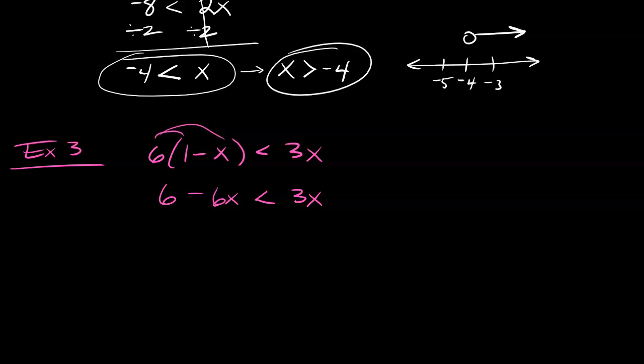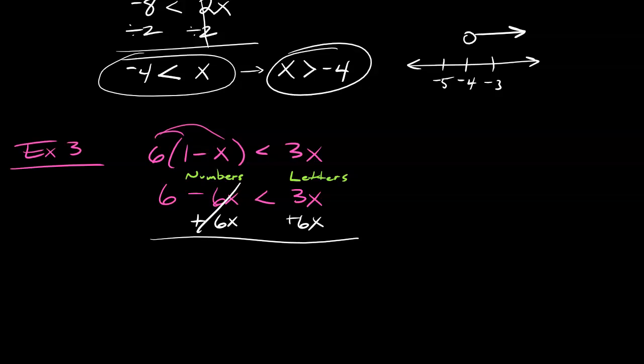Do you have a preference, Caleb? How come I want to make the letters on the right-hand side on this problem? Why is it easier? It's going to be easier because we'd be done in one step, because if we add 6x to cancel off the letters, then we're already done.